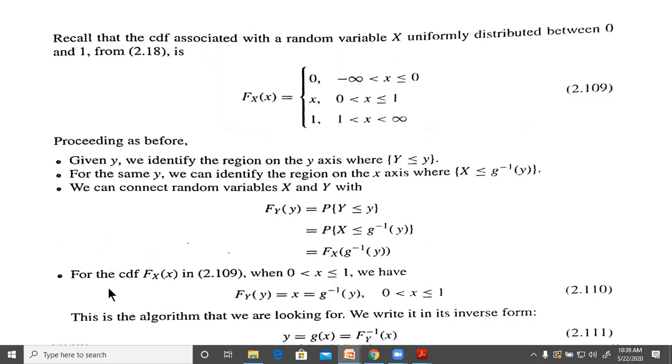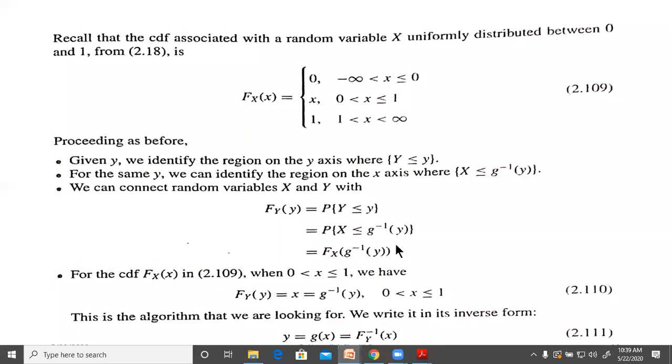So for the CDF F_X(x), where you have 0 less than x less than 1, we have the value of F_Y(y) as the value of x itself, and that is equal to g inverse of y between 0 less than x less than or equal to 1, because of the uniform distribution which he has taken over here.